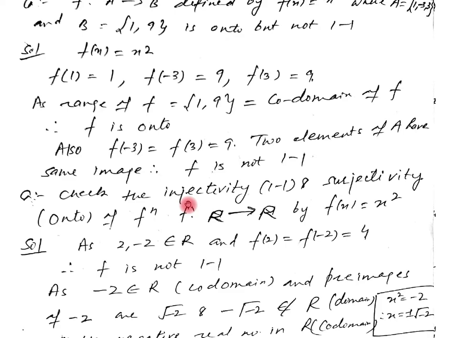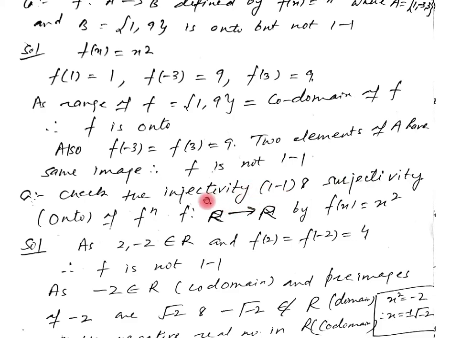Check the injectivity and surjectivity of the function f from R to R, where R is the set of real numbers, by f(x) equal to x square. Injectivity means 1-1 and surjectivity means onto. You have to prove whether this function is 1-1 or onto or not.